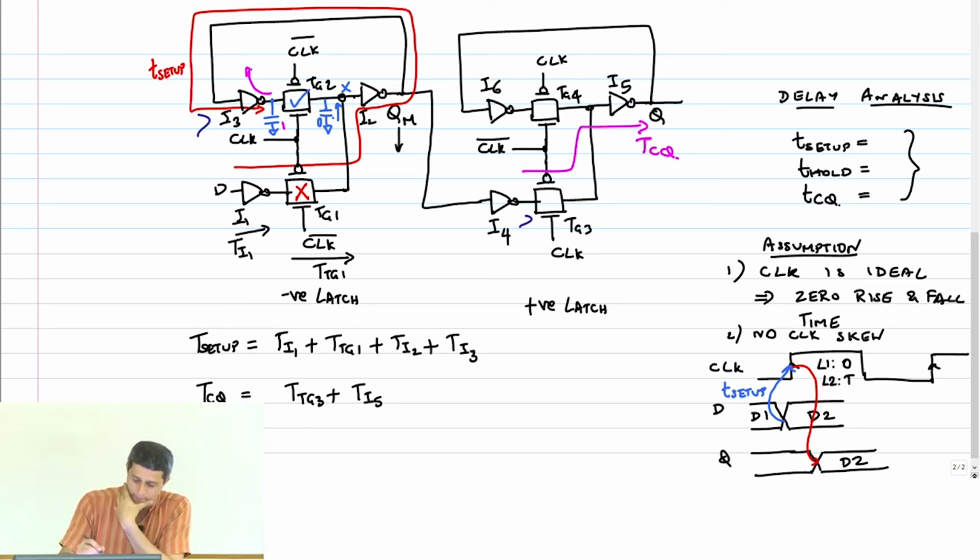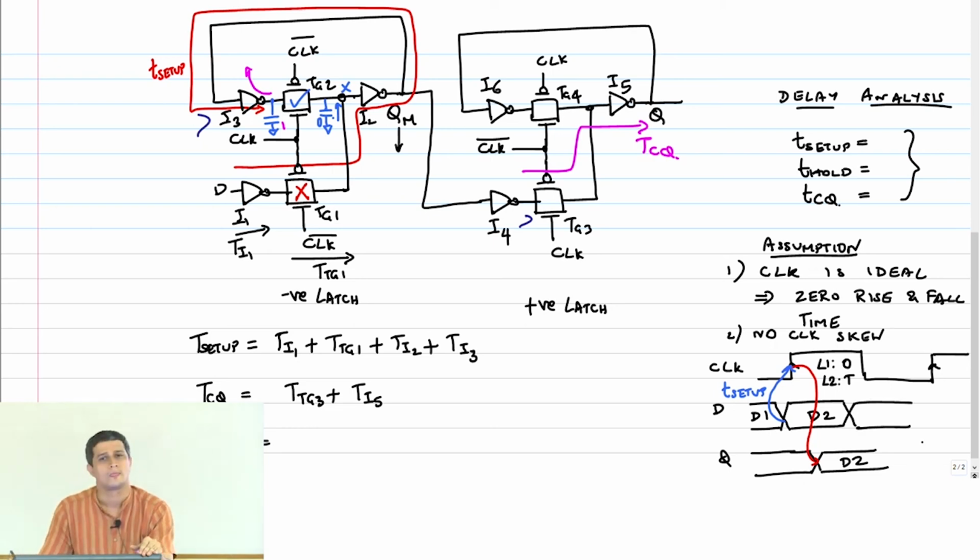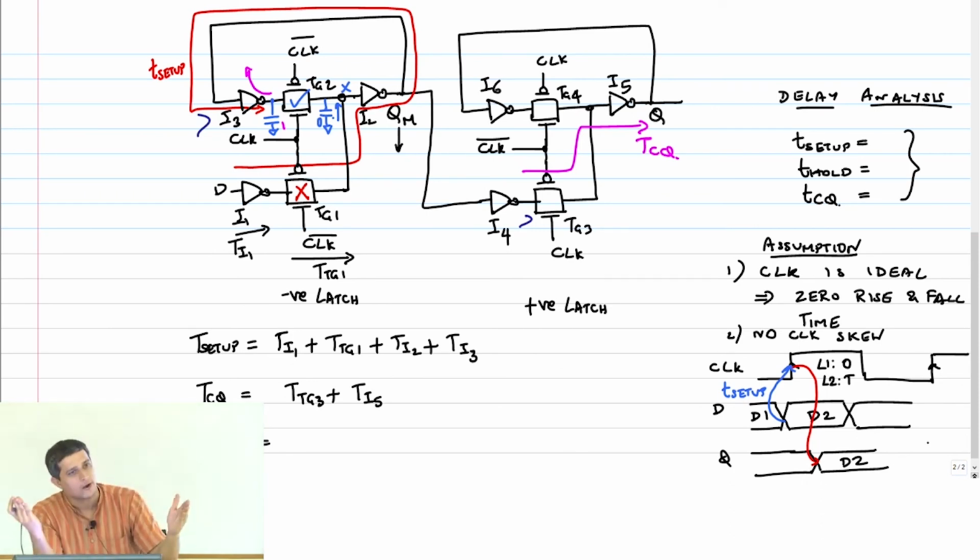What about hold time? Now what is hold time? Let's say my D2 changed here. I want D2 to be captured. That's my aim. D2 changed before the clock edge and it changed after the clock edge as well, the sampling edge.